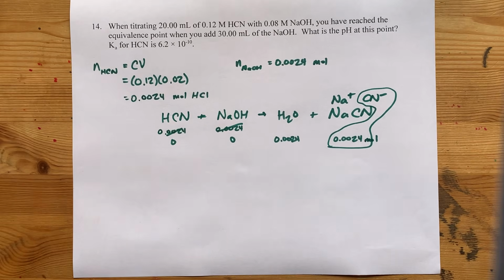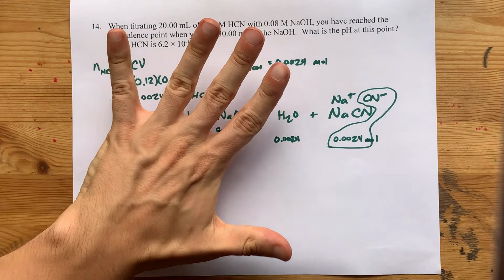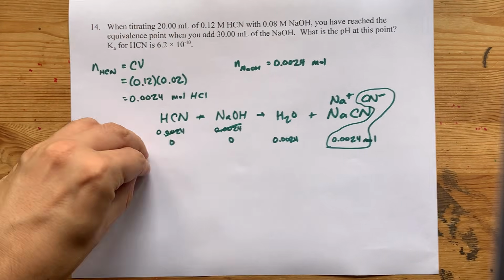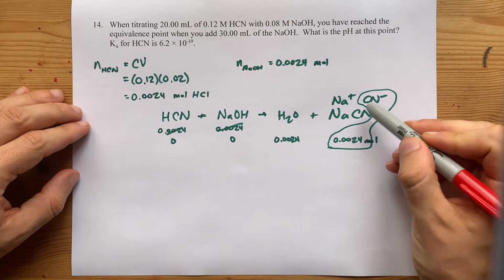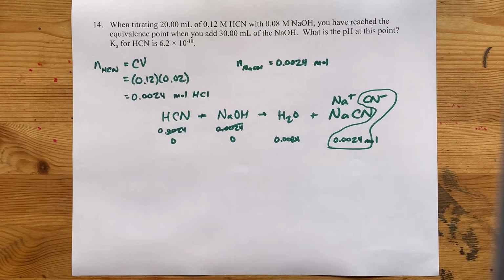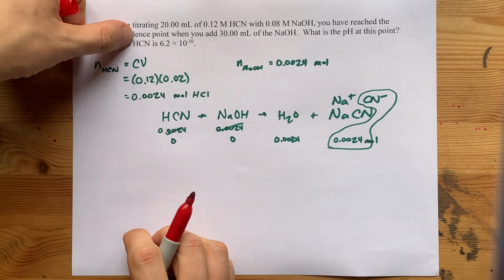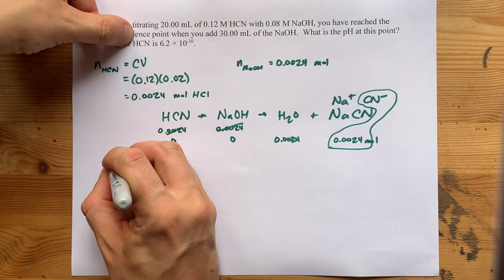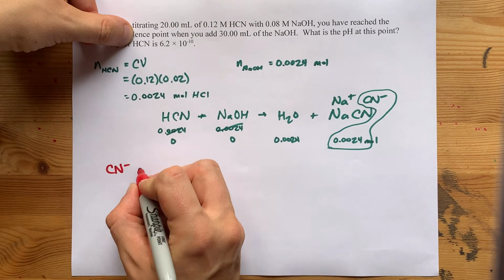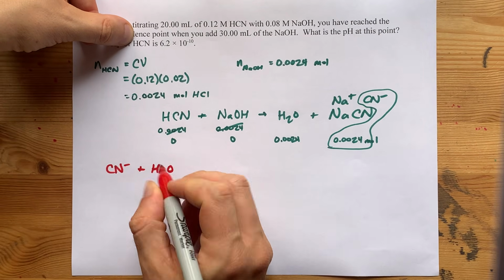All right, this should remind you of, I think it's question 5, where we had sodium acetate in water, except here it's sodium cyanide. We're given the Ka for HCN, but that's not what we are starting with. We are starting with CN-, which reacts with water.